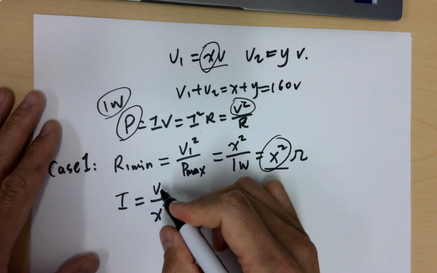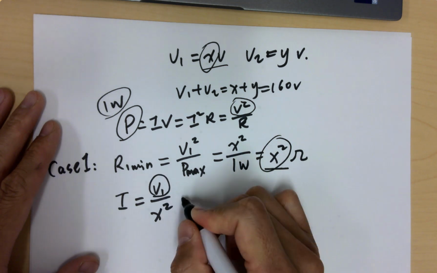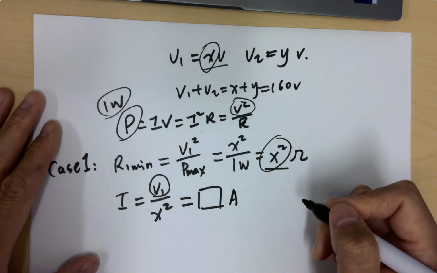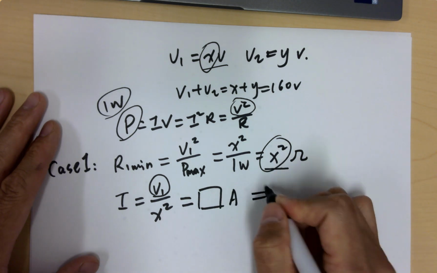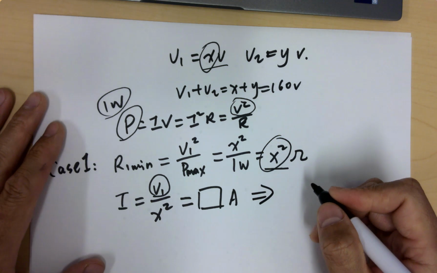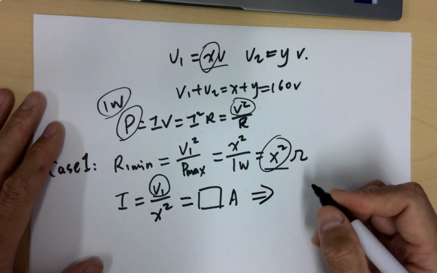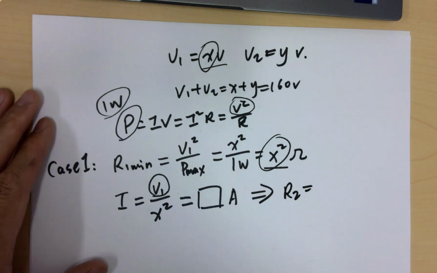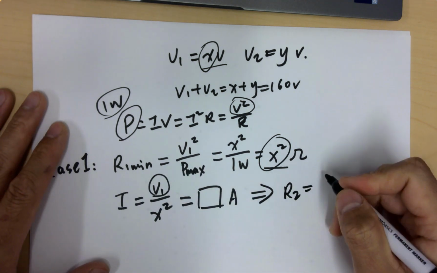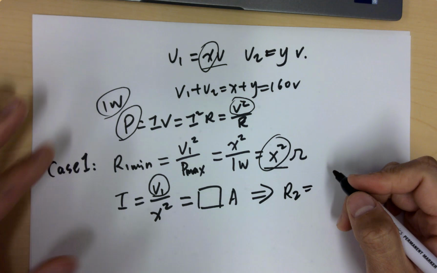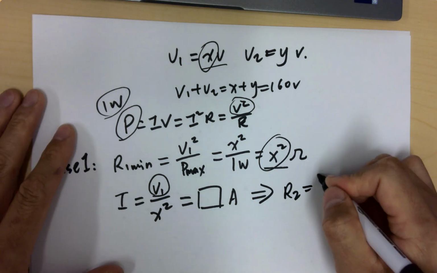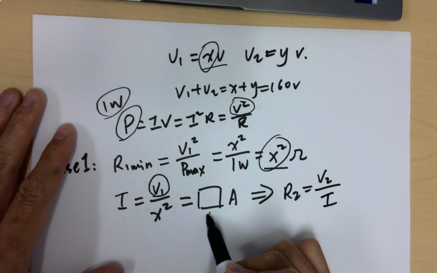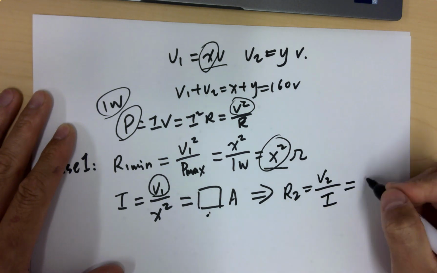And since V1 is given, it's not changing, eventually you can find the current, okay? And in that case, you will be able to find out R2 as well, because R2 in this case will be voltage divided by the current, V2 divided by the current we just calculated. Okay, so in that case we can find R1, R2.